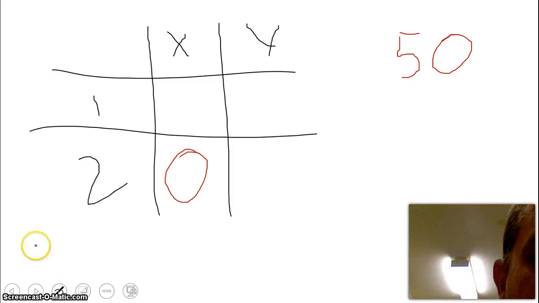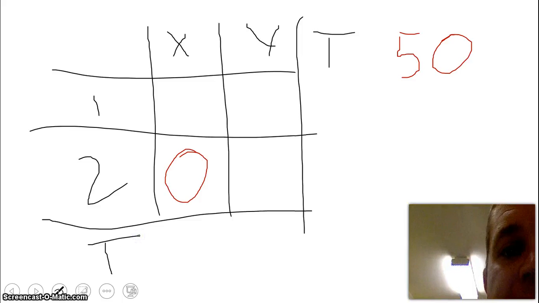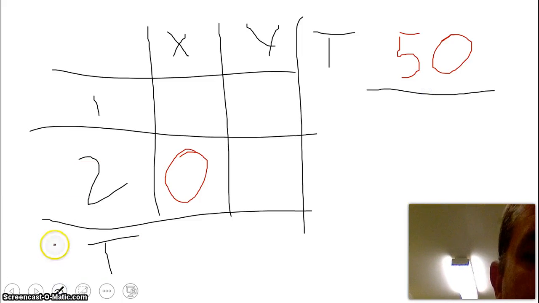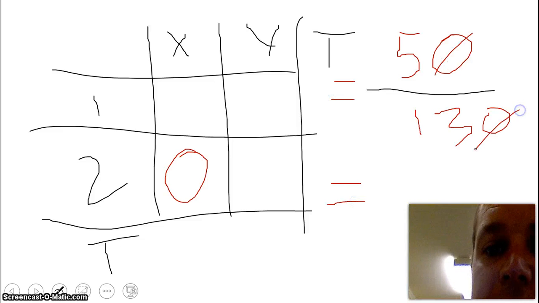I forgot to put the total again. So we're going to have 50 over our total amount of 130. And since we're doing mathematics today, we're going to simplify it down to 5 out of 13.